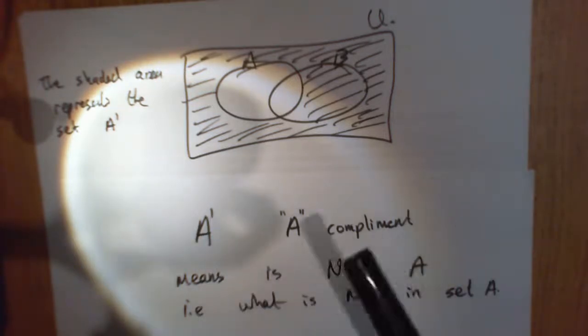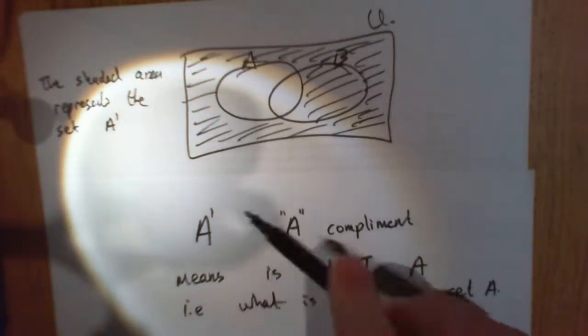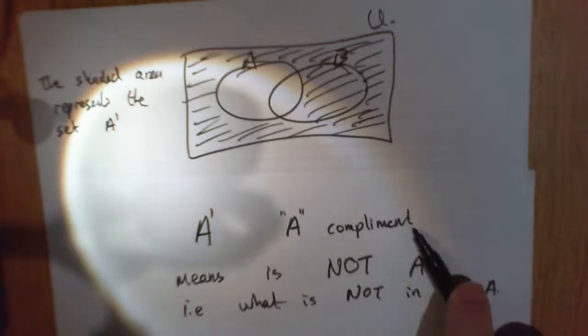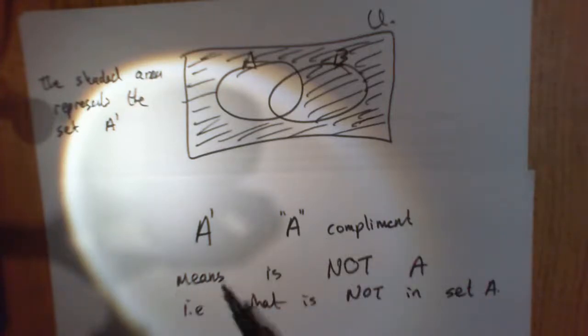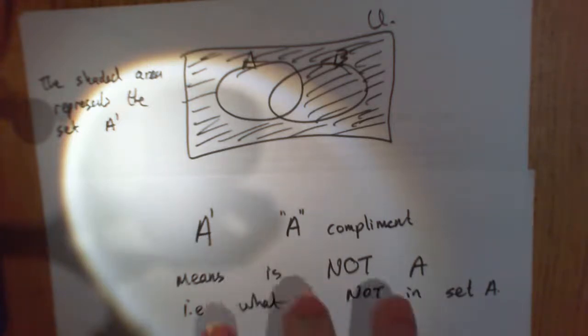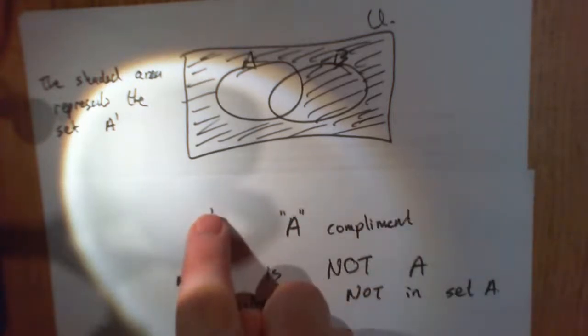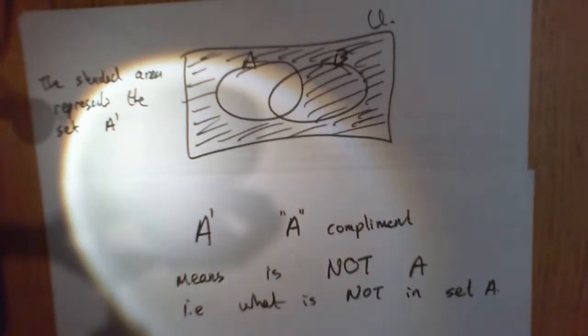So if you're doing a quiz or an exam and someone asks what that symbol stands for, it actually stands for the word complement. But what does it mean? It means not whatever that set is. So it has a meaning and it has an actual word associated with the symbol. Just be aware of that.